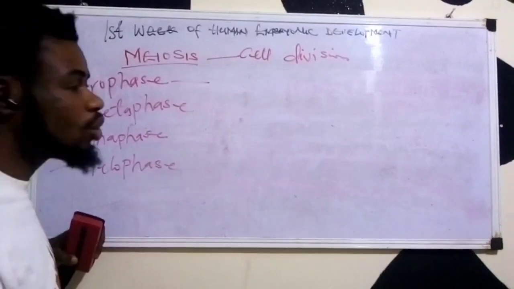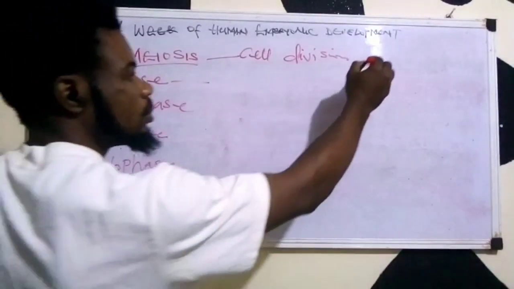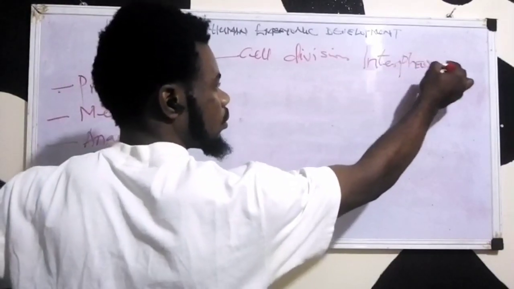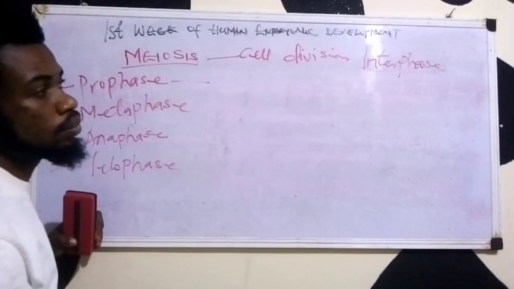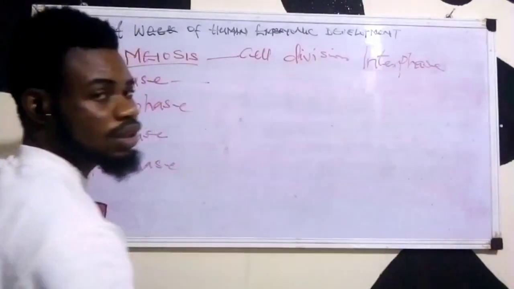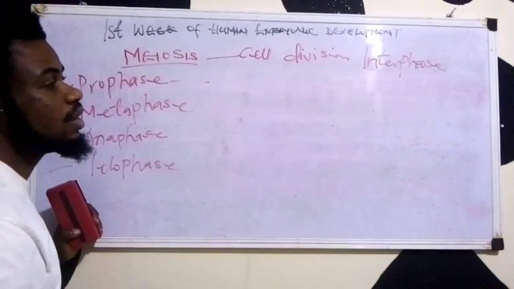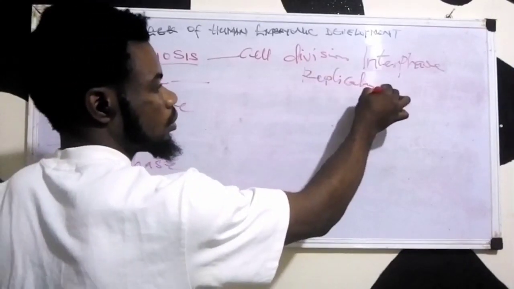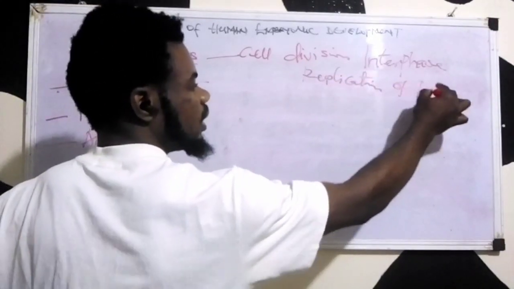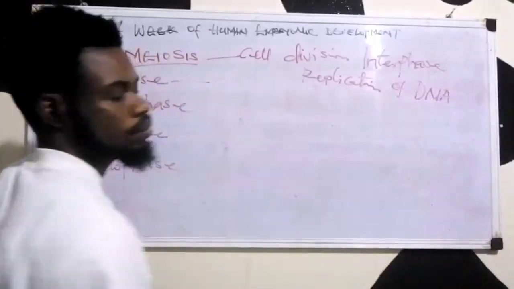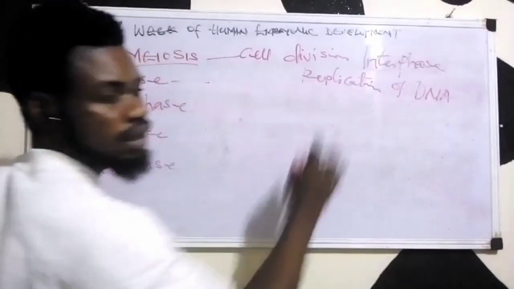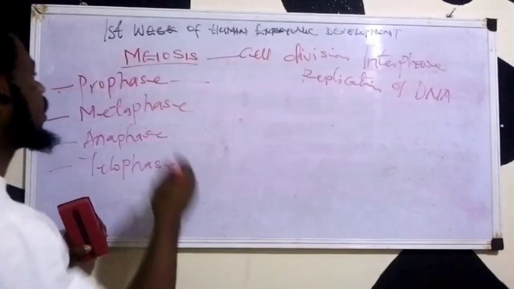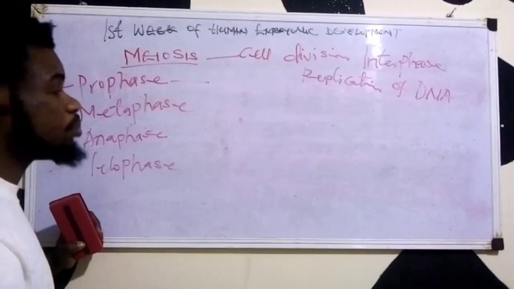These stages cannot occur until interphase occurs. What happens in interphase is actually the replication of DNA. When replication of DNA occurs at interphase, then that kickstarts prophase.